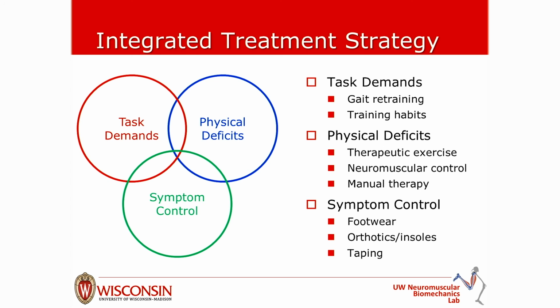And we do a fair amount of gait retraining depending on how they present. We don't look at that runner and say, you need to have your gait changed, as much as where are your symptoms, and can we reduce the symptoms by modifying your gait at the same time as we address the physical impairments, the physical deficits, the weaknesses, the range of motion limitations, and other issues that may be presented.